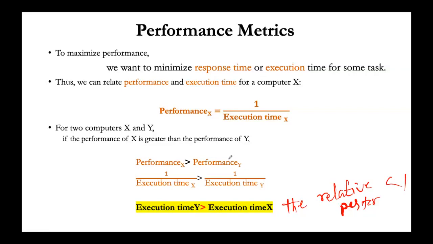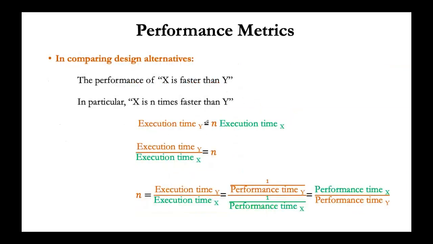And this also implies increased throughput of X with respect to Y. So comparing these design alternatives, we can write that the execution time of Y is n times the execution time of X. So X is n times faster than Y, which is the relative performance.